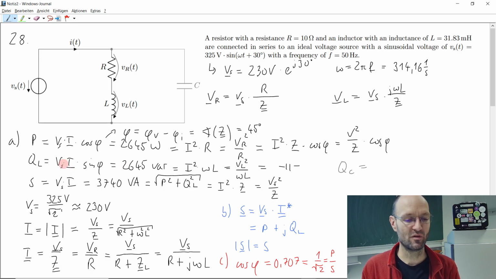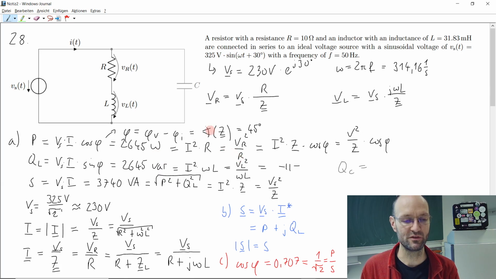The first formula included that we would need to know the current and the voltage through this element, not very applicable because we don't know the current. Then we had some equation where we would need only the current through this element and the reactance. Also not very good because we don't know the current. But then we had a formula where we only need to know the voltage and the reactance, and then we could calculate the capacitive reactive power.